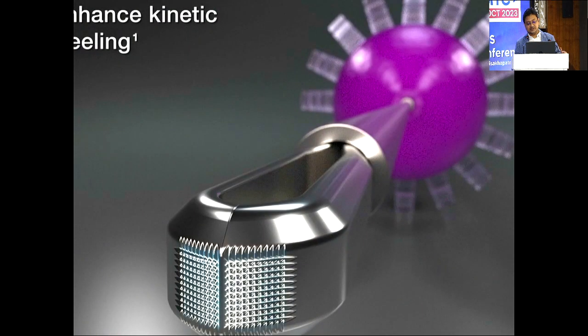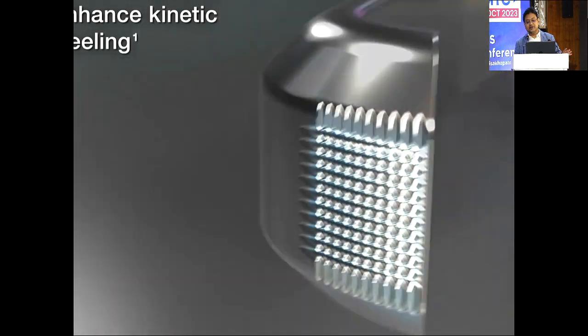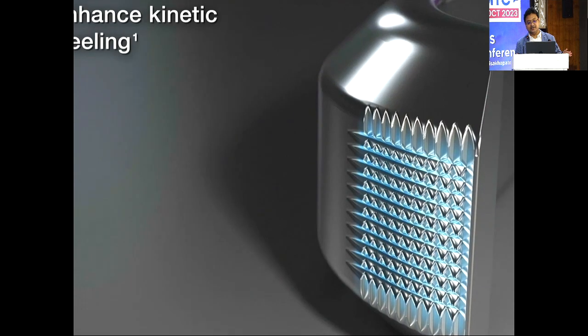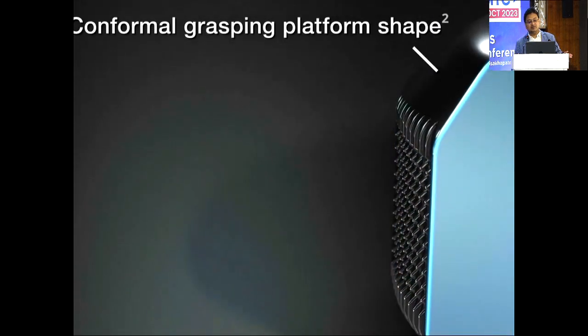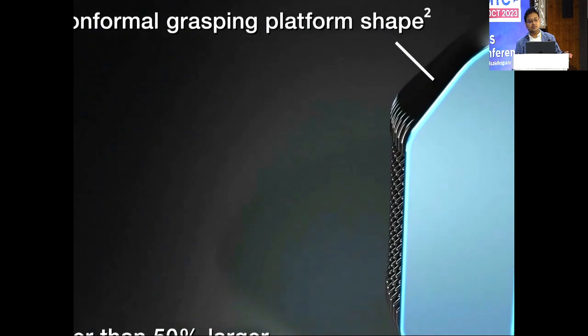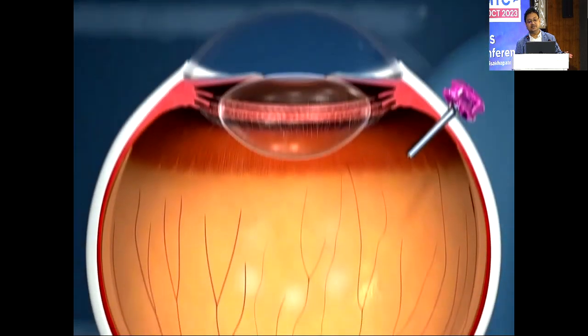This is the new forceps with a laser ablated structured blade with 10 by 10 by 5 micro teeth present. We can show that it enhances kinetic peeling and minimizes friction. The conformal grasping platform shape helps in indentation, decreasing the indentation force.